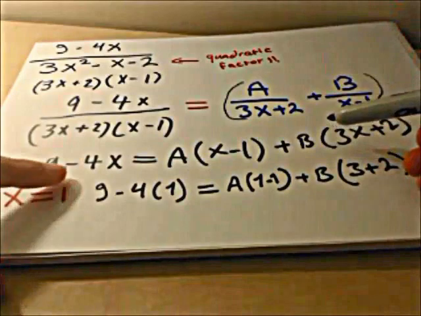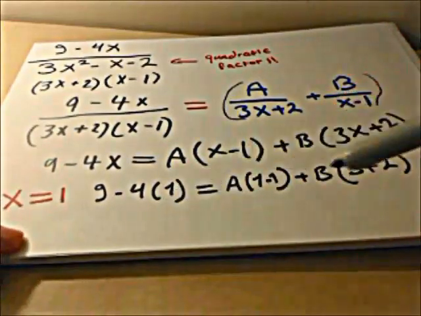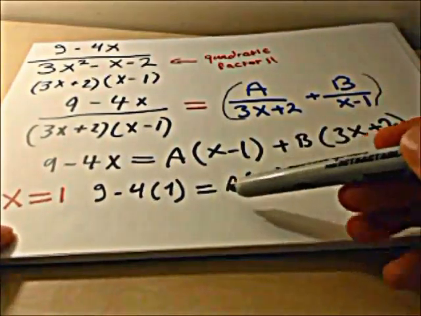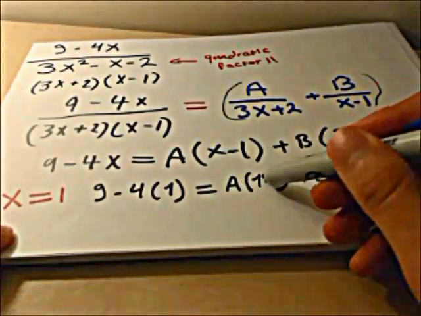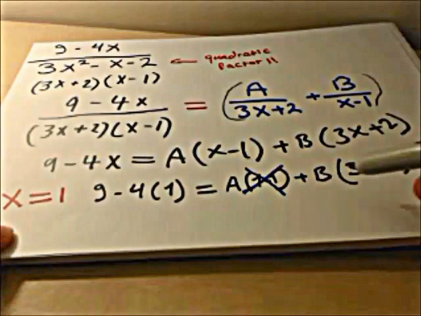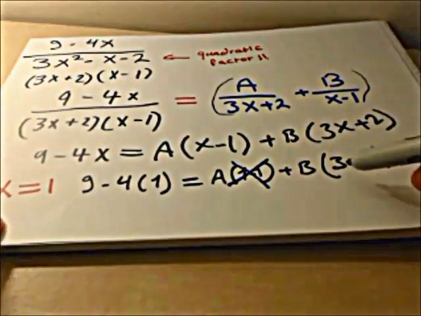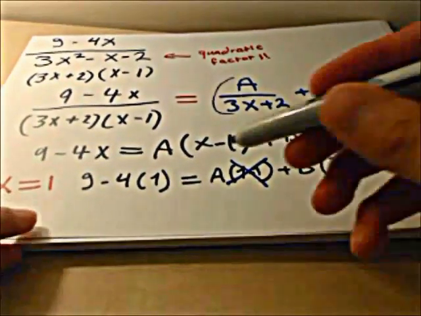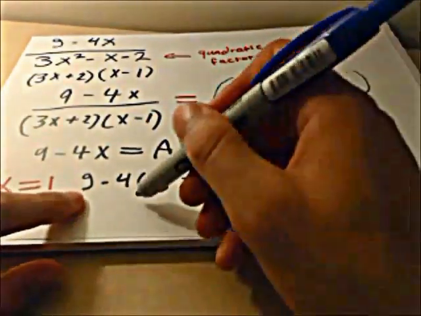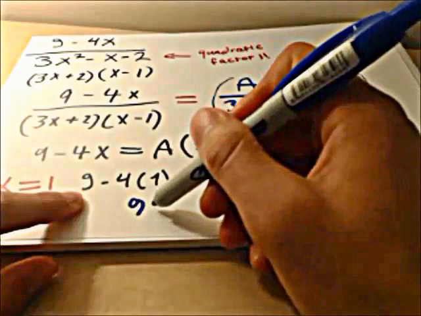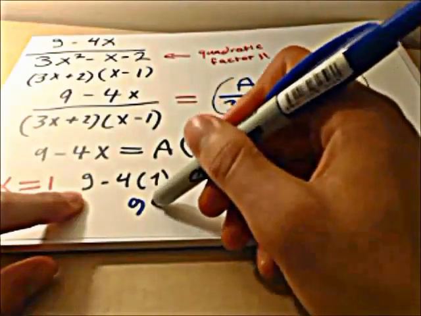So 9 - 4 times 1 equals A times (1 - 1), which is 0, plus B times (3 + 2).